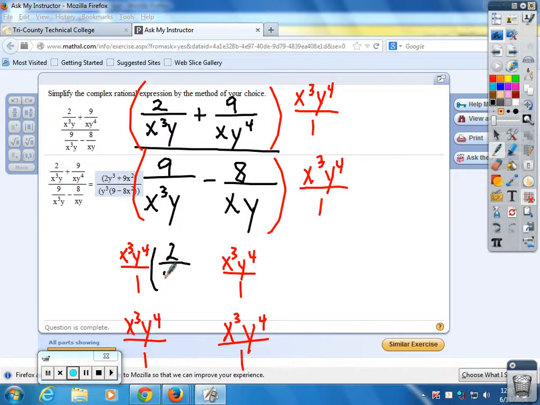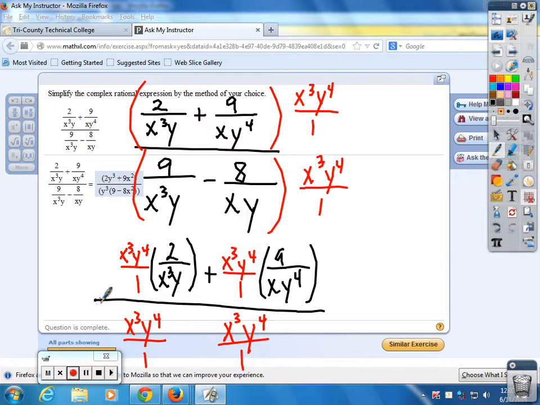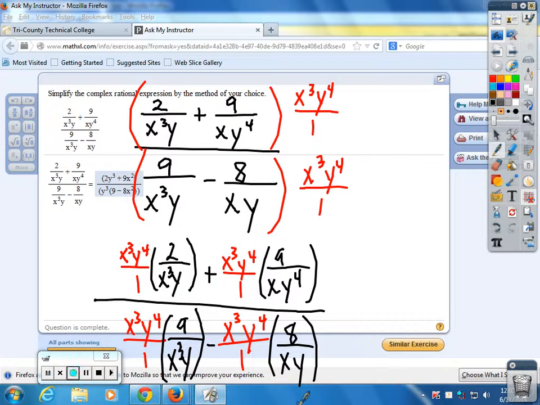Two over x cubed y, 9 over x y to the 4th, 9 over x cubed y, 8 over xy. Make sure I didn't miss anything.